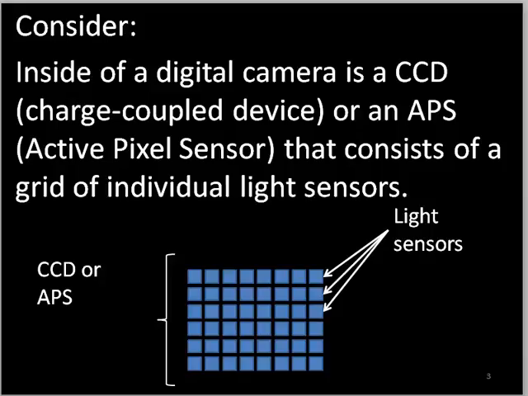These sensors consist of a grid of individual light sensors, represented by these little blue squares that I've shown here on the screen. Each one of those individual light sensors detects light intensity, and it's an analog sensor. We've arranged them into a big grid of individual sensors.